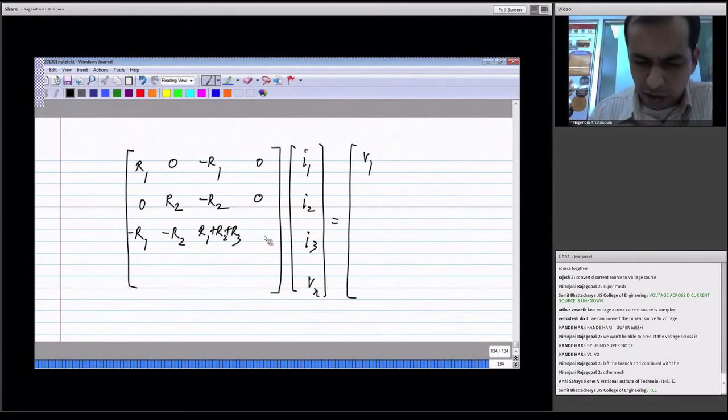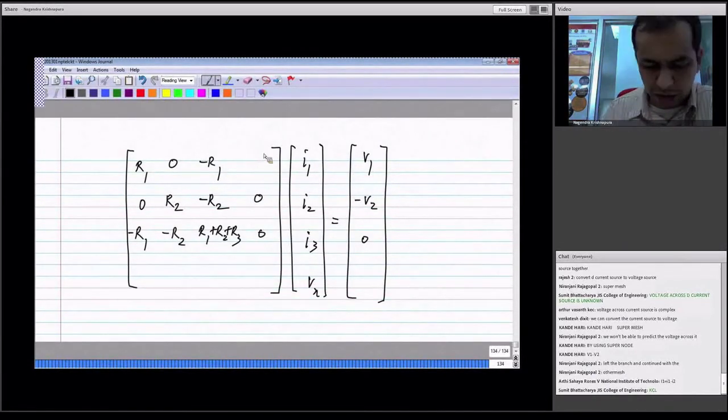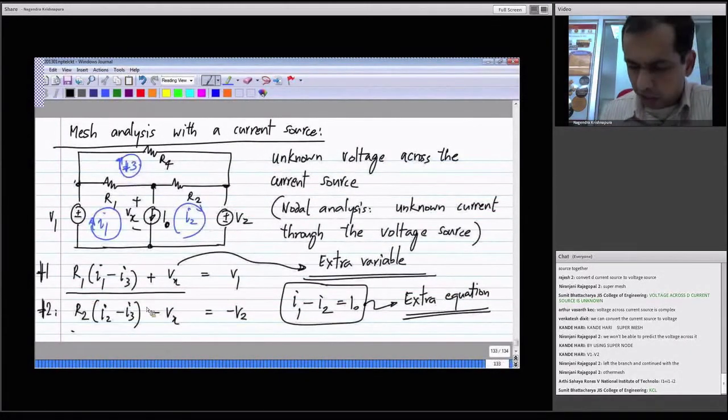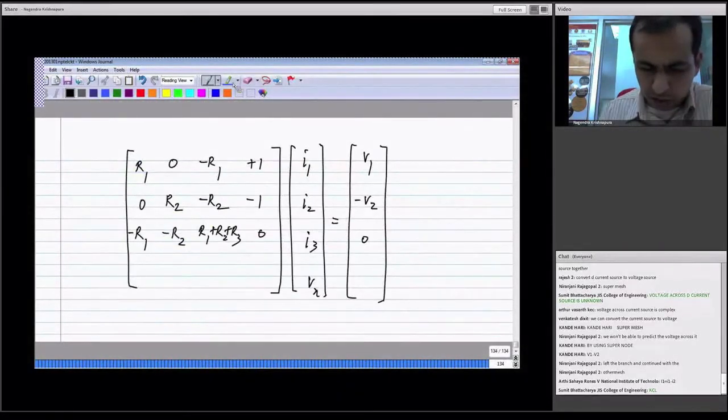Sorry, here I would also add plus Vx, and in the second one minus Vx. I wrote the last entries incorrectly. I have plus Vx here and minus Vx over there, and also finally I'll have I1 minus I2 equals I0. So that means 1 minus 1, that gives me I1 minus I2, and that is equal to I0.